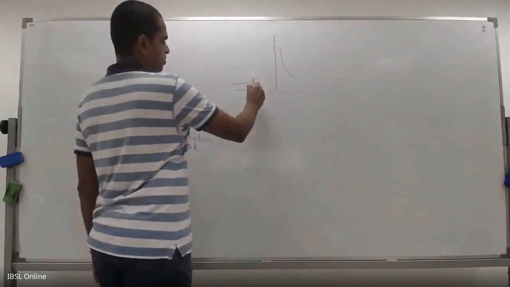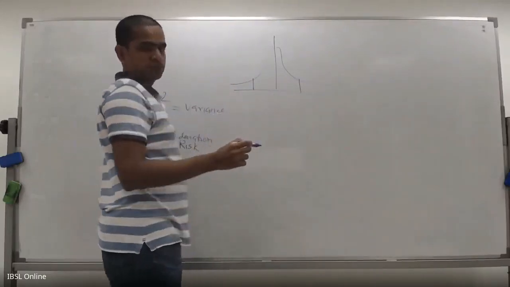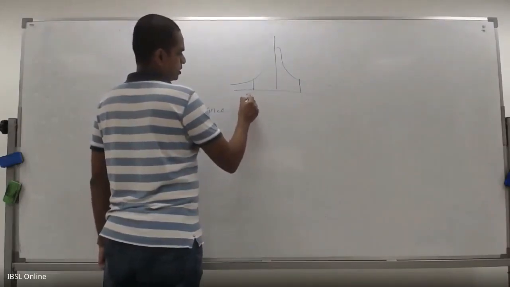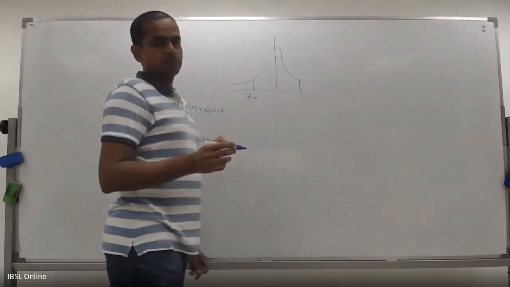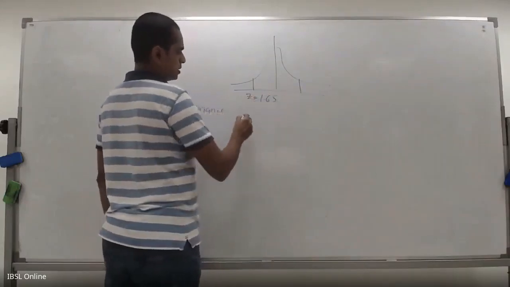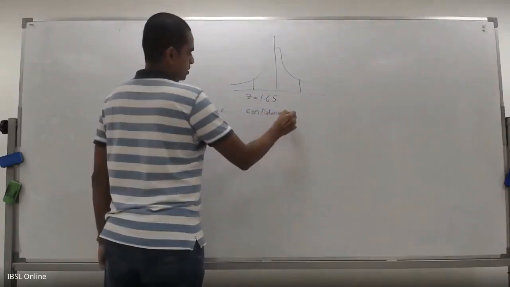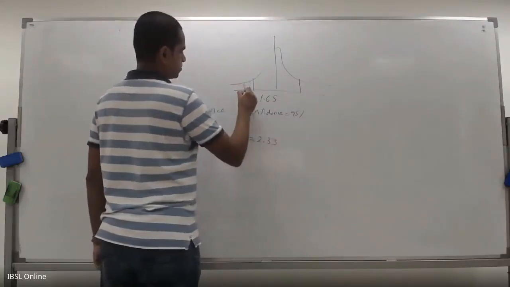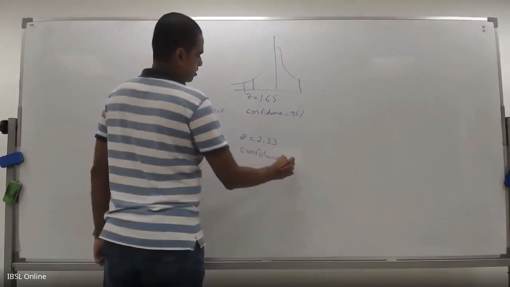Remember, last week we did Z scores. The Z score is 1.65 if the confidence level is 95%, and Z is 2.33 if the confidence is 99%, right?